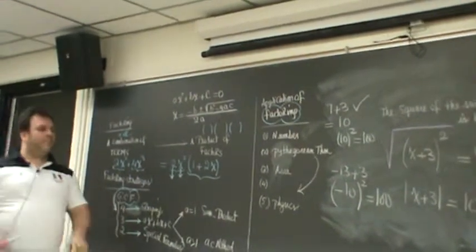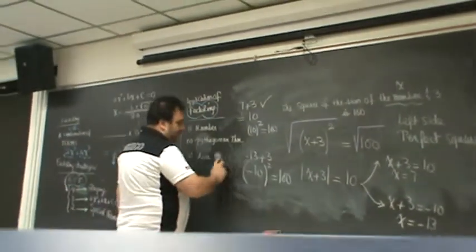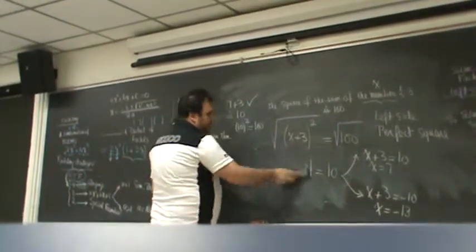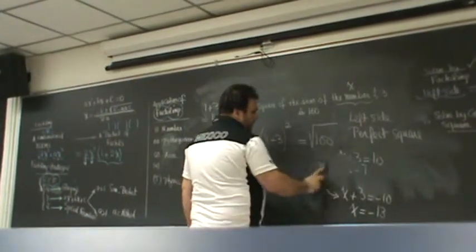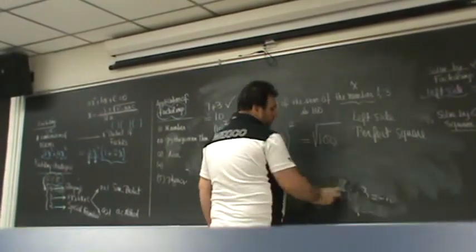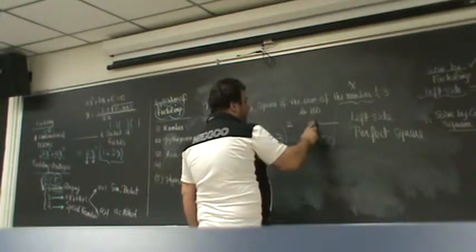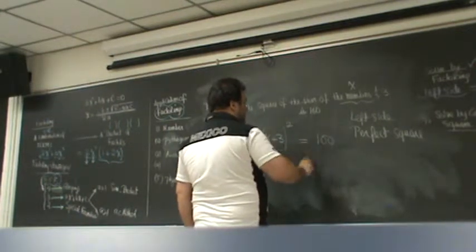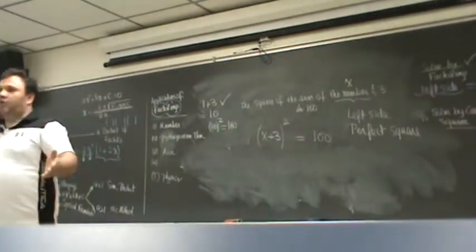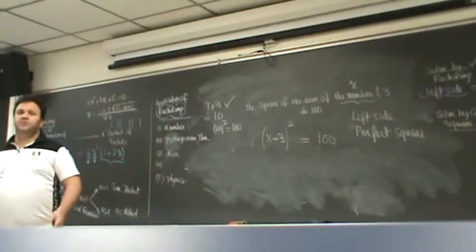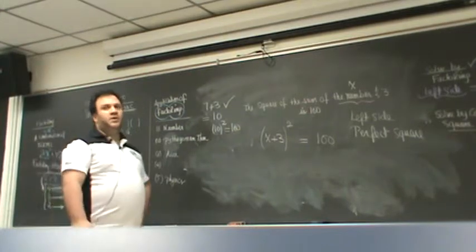That's right. Now imagine, Carly, that this problem was given to you. And when I say Carly, I mean all of you, I just know her name. That was the problem: x plus 3 squared equal to 100. But 03, 05, probably you don't know completing the square. You don't need to. Pay attention to what we're going to do.